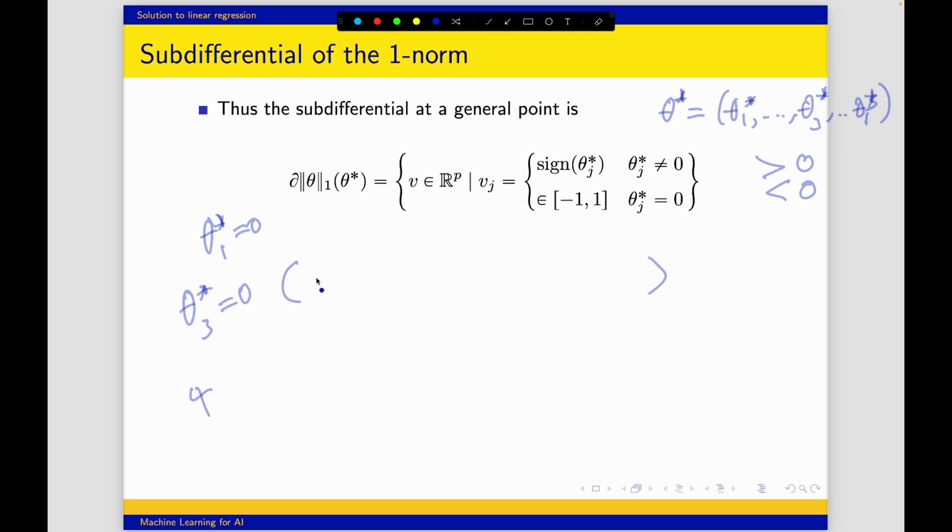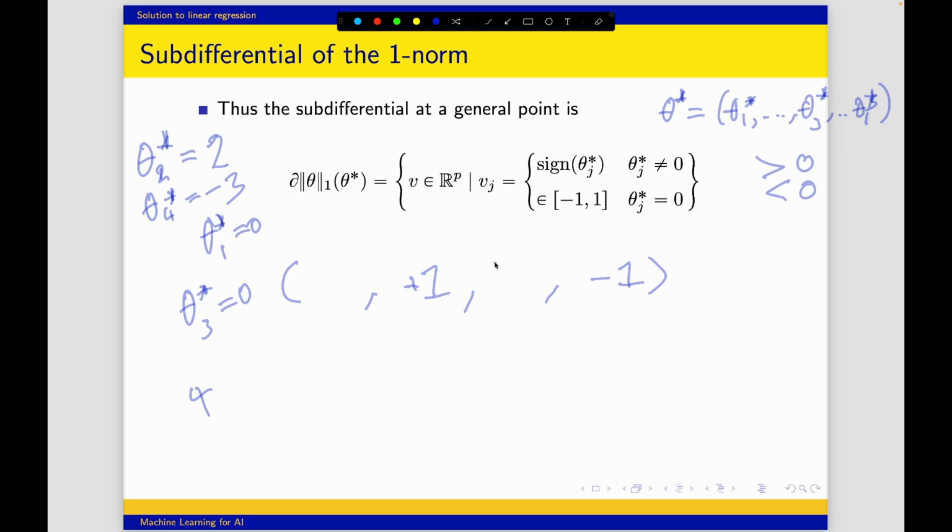Theta 2 star, let's say that's 1 or 2, so it's a positive value. And let's say theta 4 star is -3. So the last one is going to be -1 because -3 is negative, and the second one is positive, so that's going to be +1.